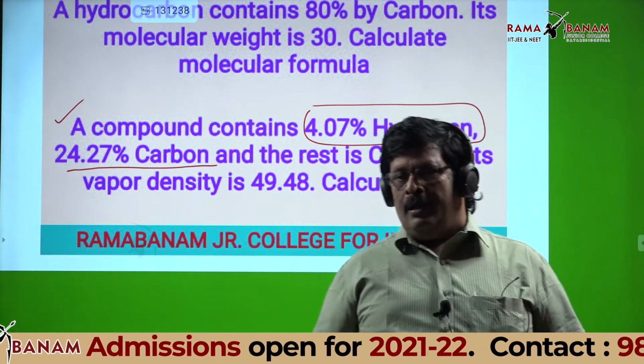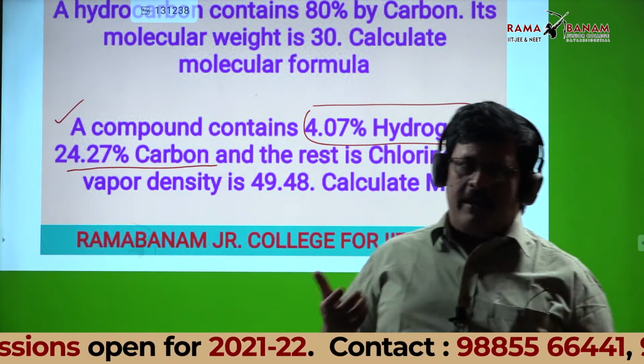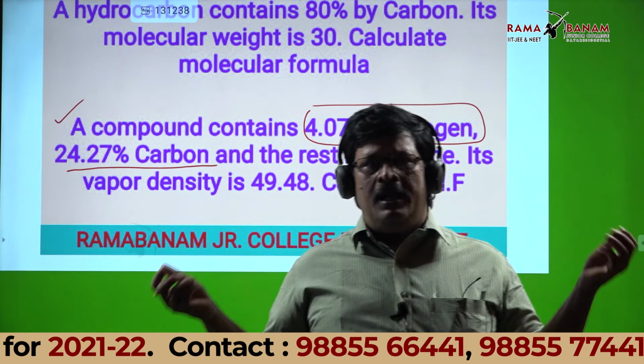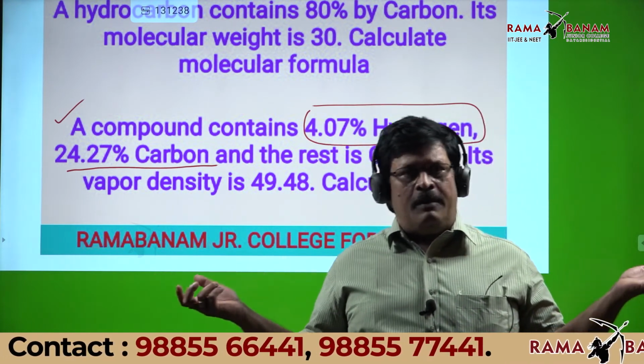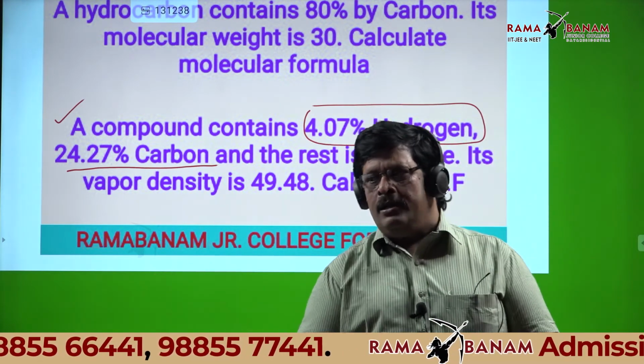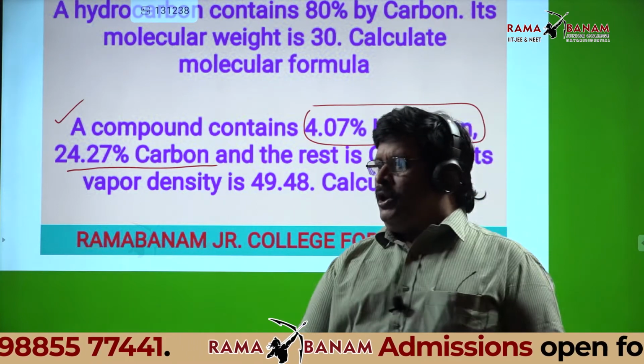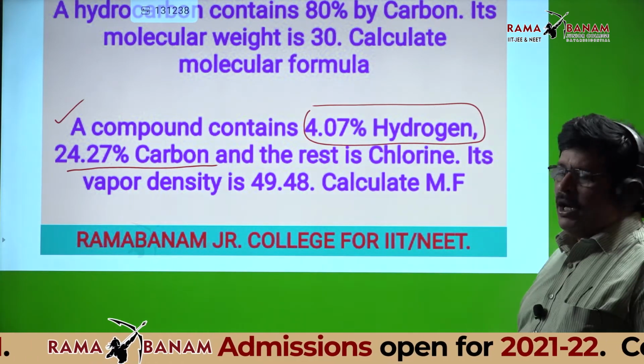You try, take 5 or 10 minutes, nothing wrong in that, students. One model I solved, I think you all can do. You try this and tell the molecular formula.